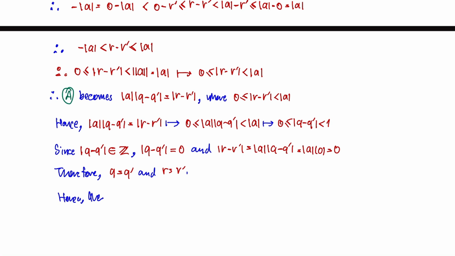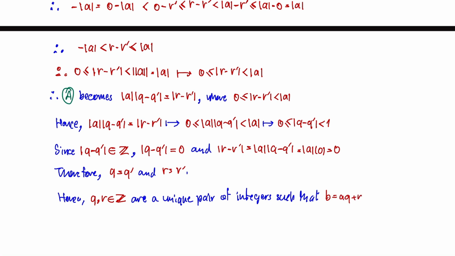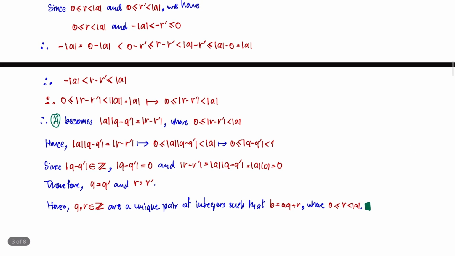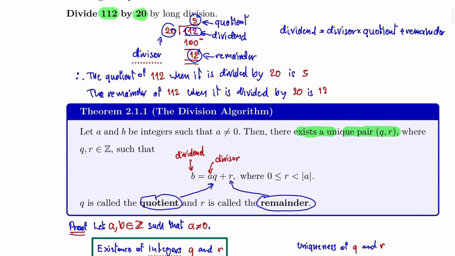So Q and R are a unique pair of integers such that B equal to AQ plus R, where R is greater than or equal to 0, less than absolute value of A. All right, so we have shown the division algorithm already.